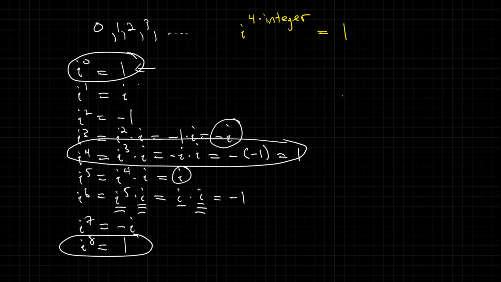Another observation from this pattern is that if you do i to a power which is 1 more than 4 times an integer, then you get i. So for example, if we were to continue this pattern, i to the 9th, we would find that to be i.